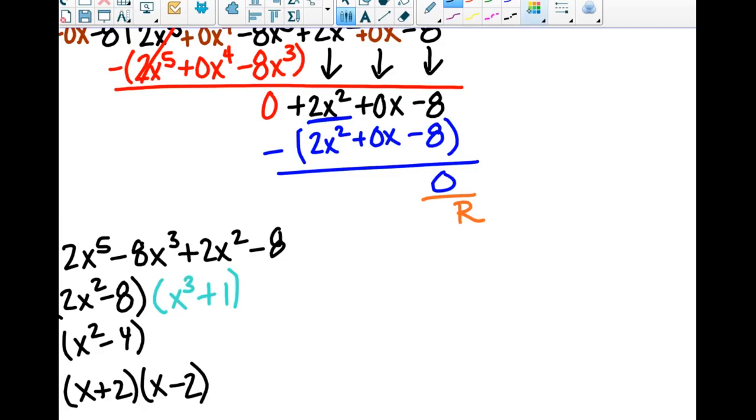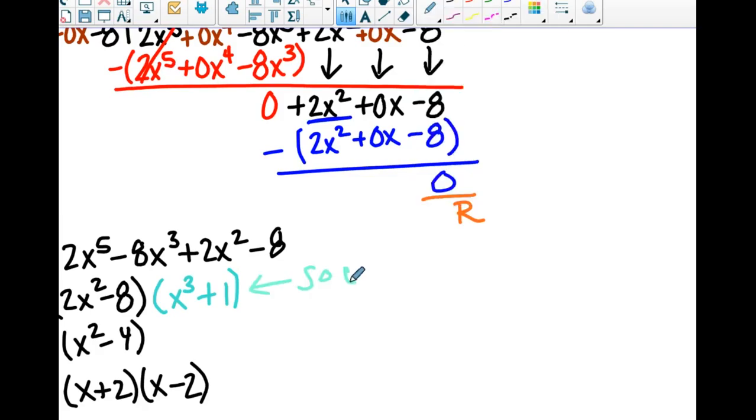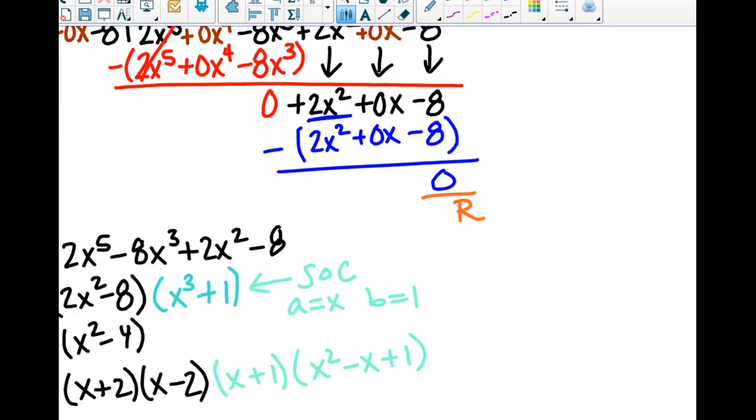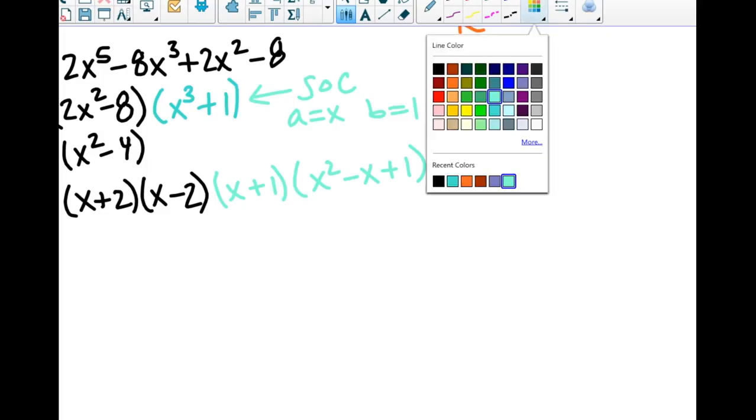Our quotient is a sum of cubes, where a is equal to x and b is equal to 1. If you remember my lesson from factoring, you'll recall that this trinomial, x squared minus x plus 1, is not a factorable trinomial. We actually have to use the quadratic formula there to solve, but we are in a position where we can find all roots of this polynomial.